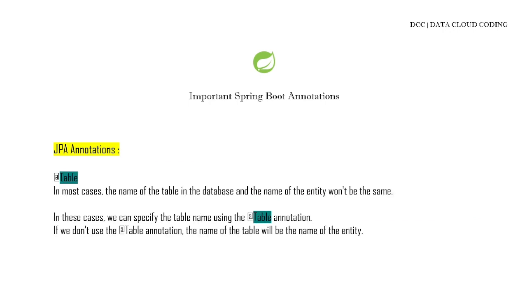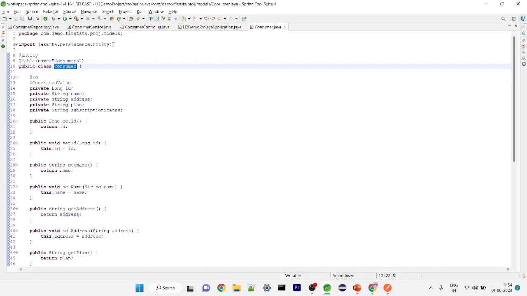Now coming to the @Table annotation. So in most cases, the name of the table in the database and the name of the entity won't be the same. So coming to my application, here I have used this POJO class with the name Consumer, and I wish to save this object with the name consumers as my database table.